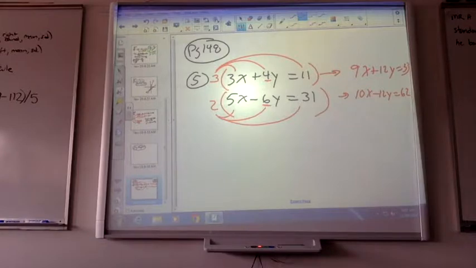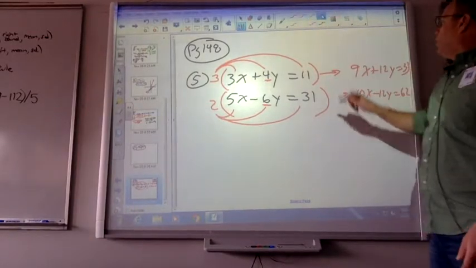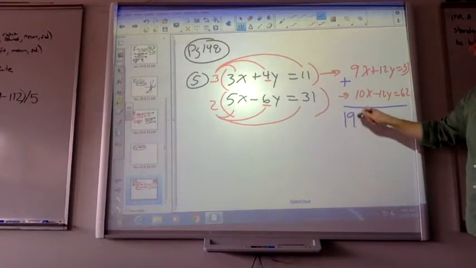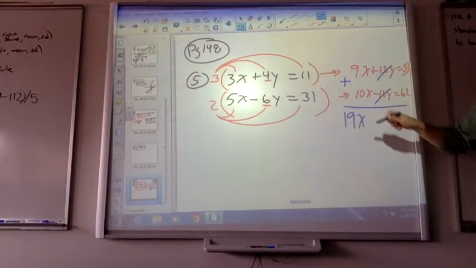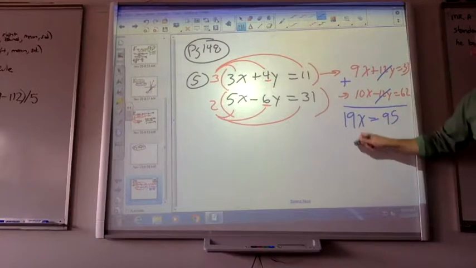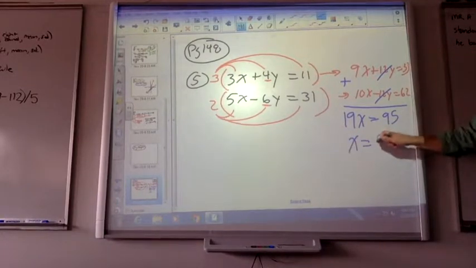Does that seem to be okay? Does everyone feel that if I add these two equations together, one of the letters goes bye-bye? I have positive 12y and negative 12y, right? So if I add these together, I get 19x. The y's are gone now, is equal to 33 plus 62, so that's 95. If I divide each side by 19, I find that x equals 5.